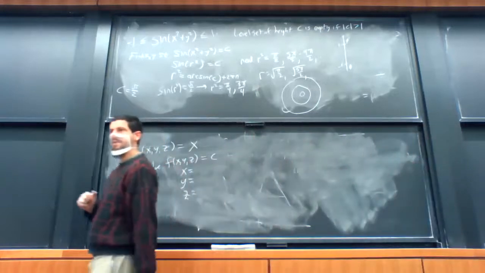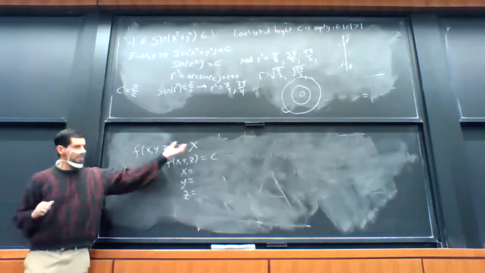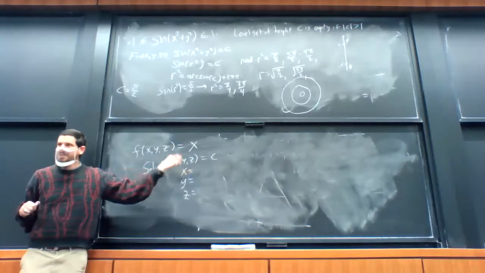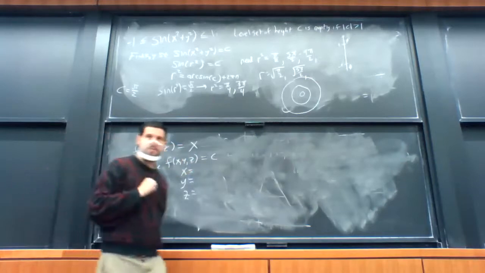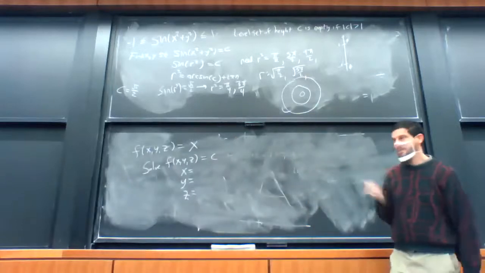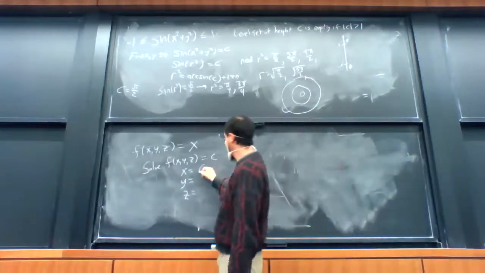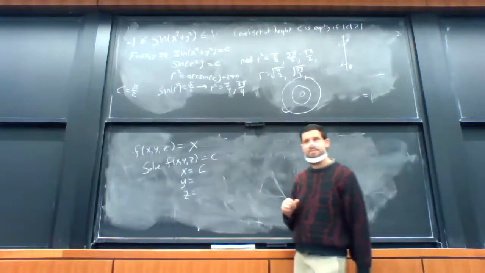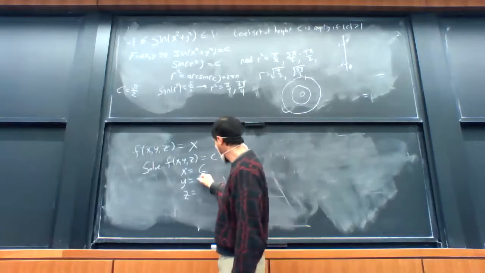What would x do? My function is f of x, y, z equals x. I want f of x, y, z equals c. So what would x have to be? c. Are there any restrictions on y? No, y is completely free.